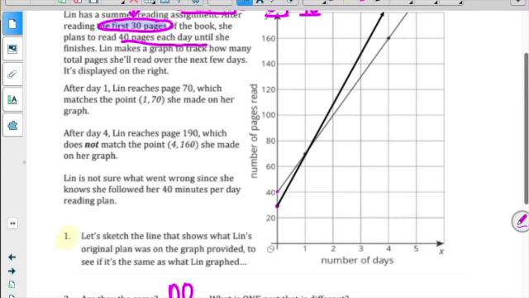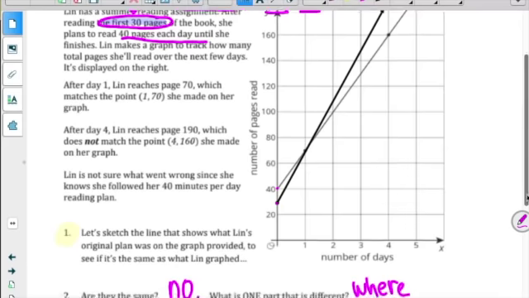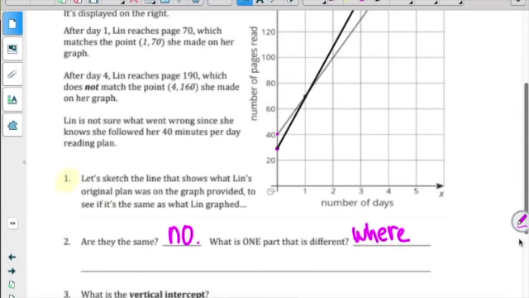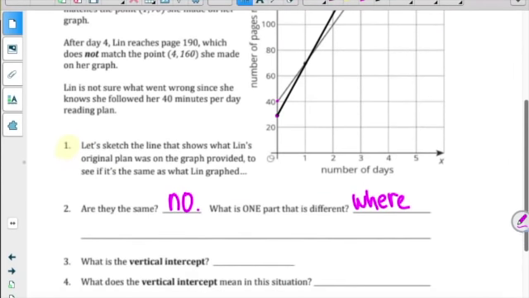Okay, so one part that is different is where the lines start. One starts at 30, and one starts at 40.